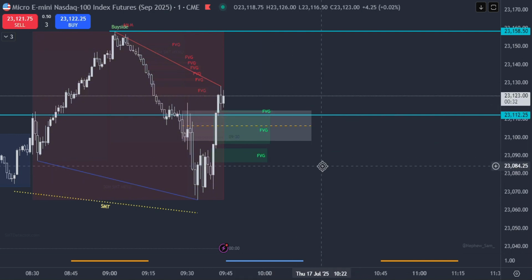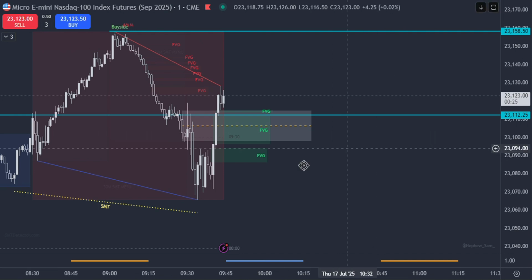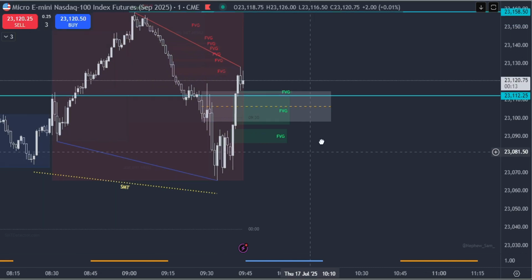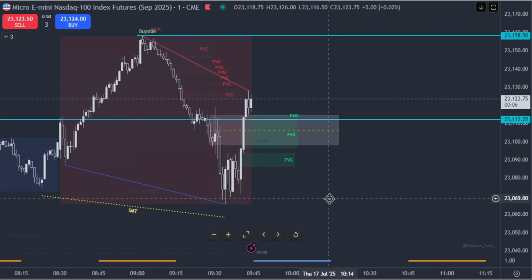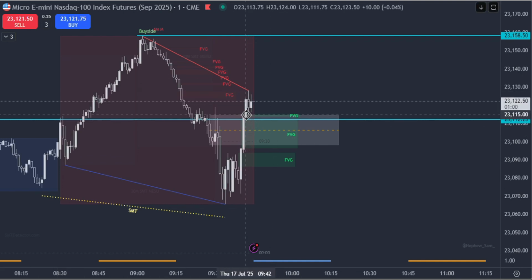We'll probably catch another retracement. And if it goes, then it goes. But ideally, that would have been an entry there.